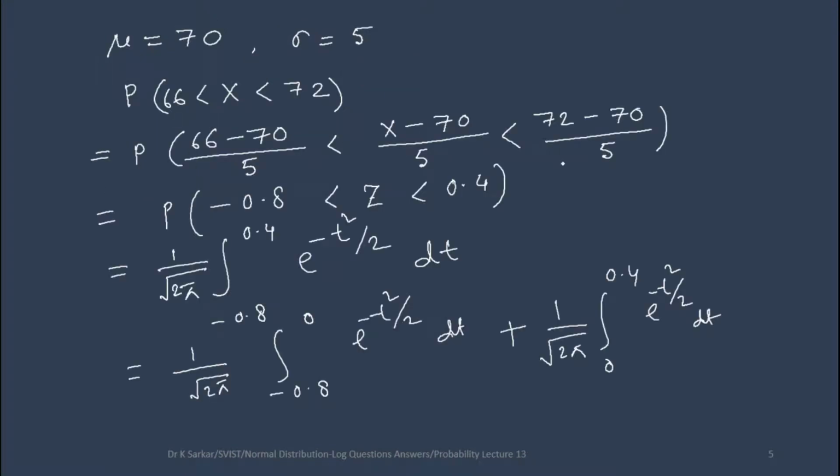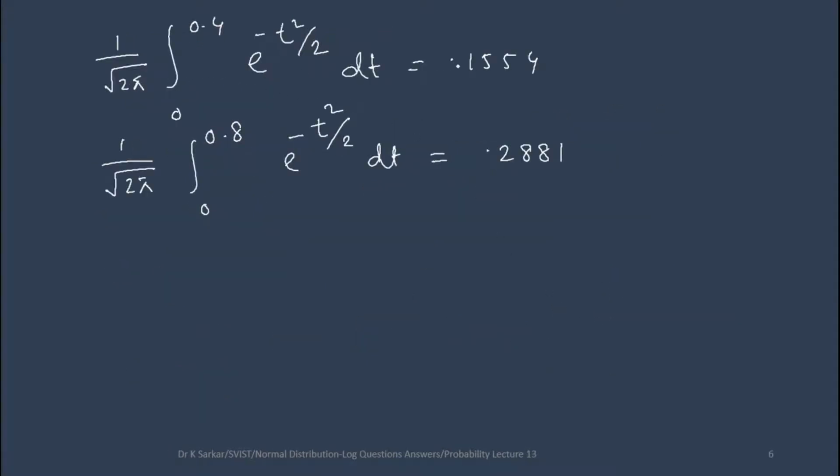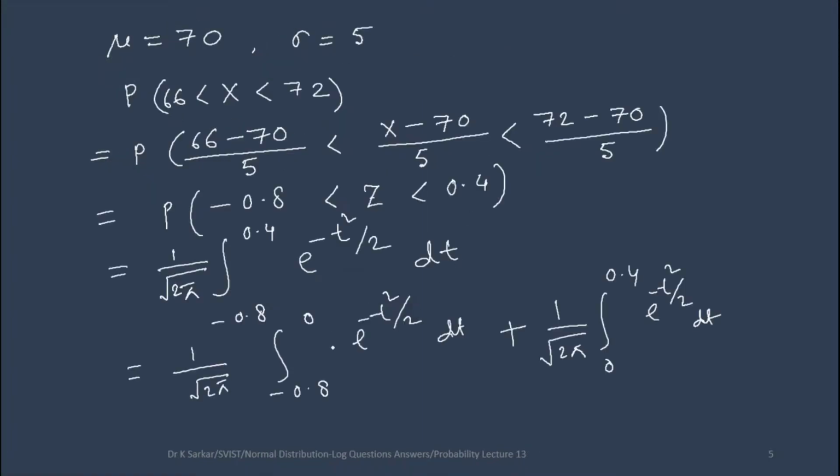Now here, integration minus 0.8 to 0, and in the second integration 0 to 0.4. So the second integration is already known. This is 0.1554, and let us try to find this minus 0.8 to 0.